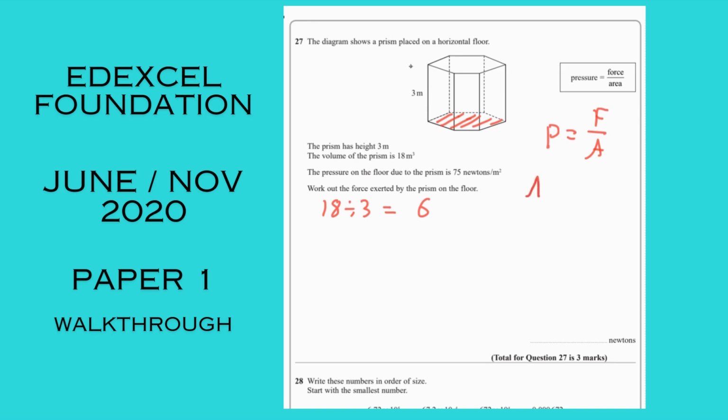Let's multiply both sides by area. So to work out force, it's area, which is 6, multiplied by pressure, which is 75. Little bit of working out. 450 newtons.